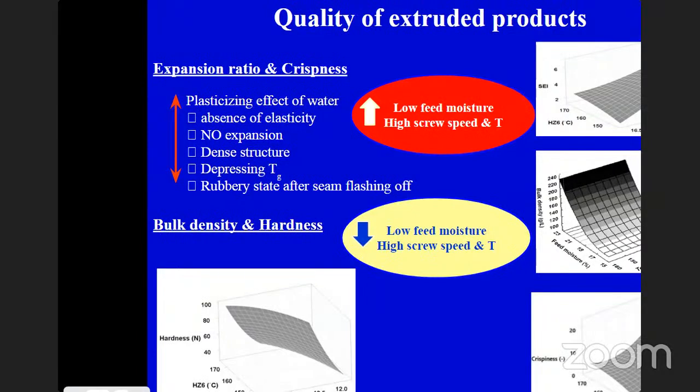Because moisture affects the mix viscosity, as water acts as a plasticizer, decreasing the viscosity and product temperature, and then depresses the glass transition temperature. As a result, the product can't be expanded and has a dense structure with rubbery state. And this increases the bulk density and the hardness of the final extruded product.